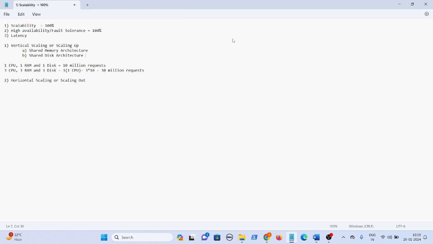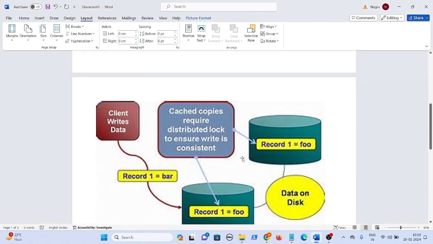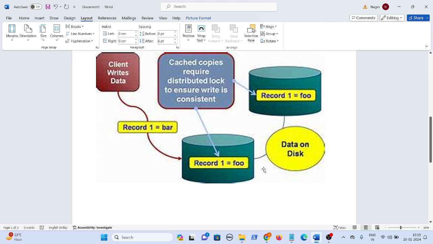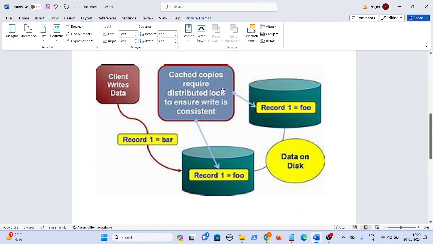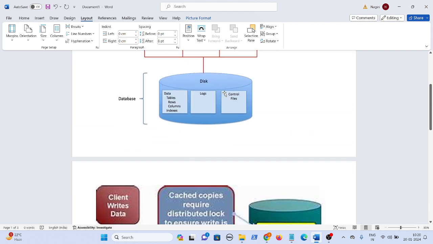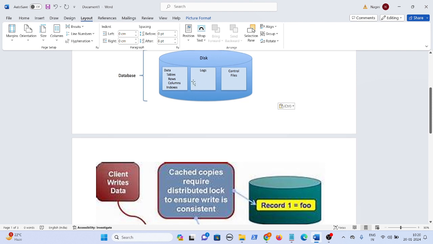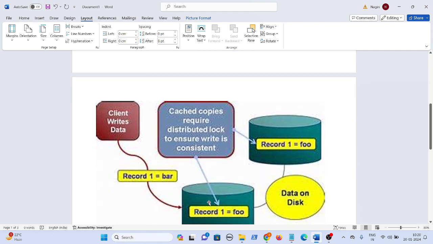But there is a limitation here. It is locking and contention. What is this issue? Let's see. You have a single disk here, right? You have a disk which is shared among multiple machines. So if you consider a write scenario, let's say in this particular disk you have a record one which has a value foo.